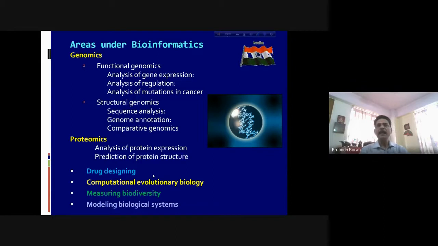And that has resulted in better understanding of the evolutionary biology and to establish the phylogenetic relationship among different species. So this is called computational evolutionary biology.